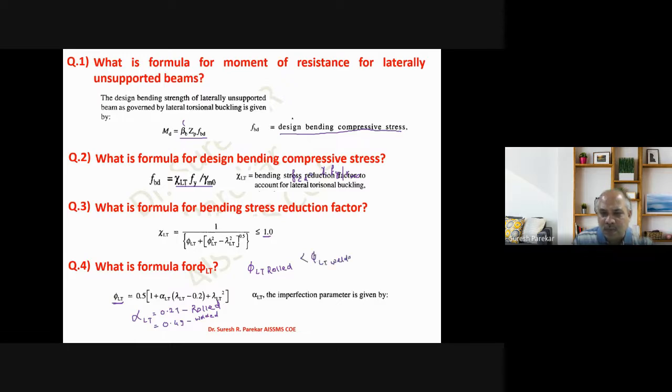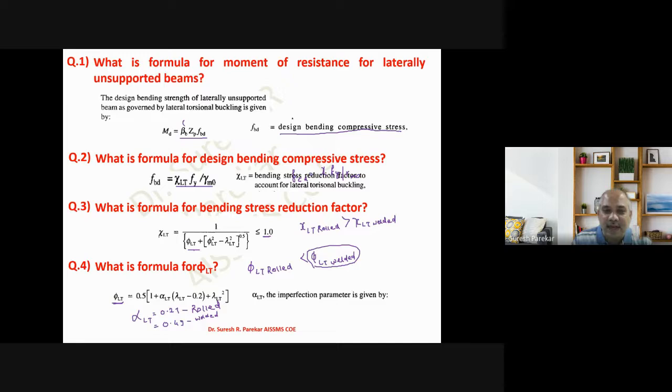So this you should be in position to explain which will increase value, which will decrease value. So phi LT for rolled we have less. And if we will put over here, my value of XLT for rolled is greater than XLT for welded.